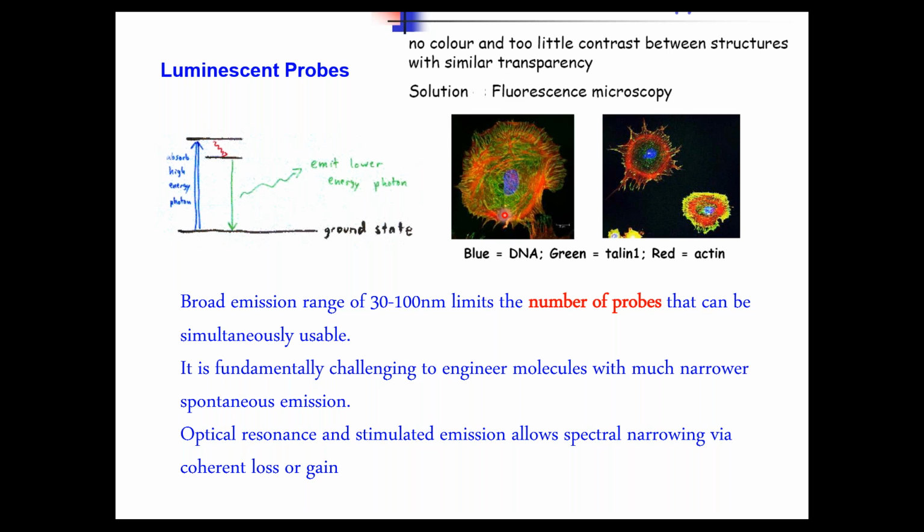Unless you label such biosamples with different fluorescing materials, they will look transparent, with no color and too little contrast between different locations in the sample. That is the reason luminescent probes are used in biology.